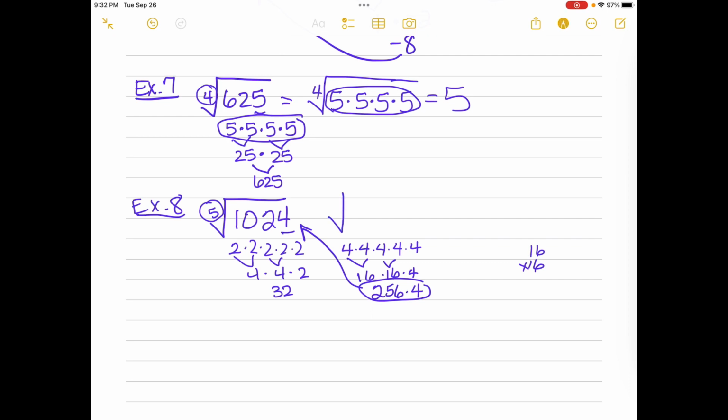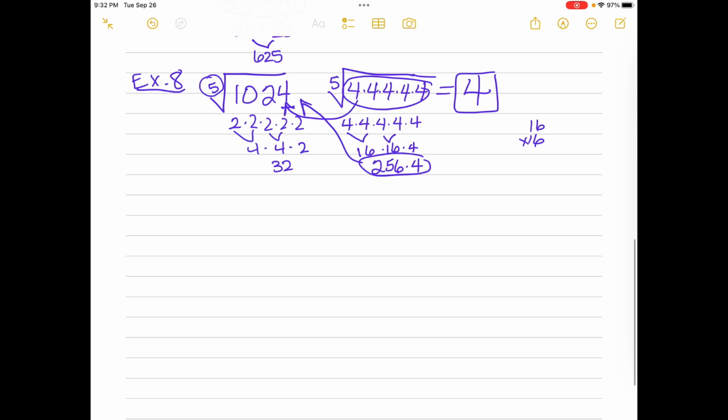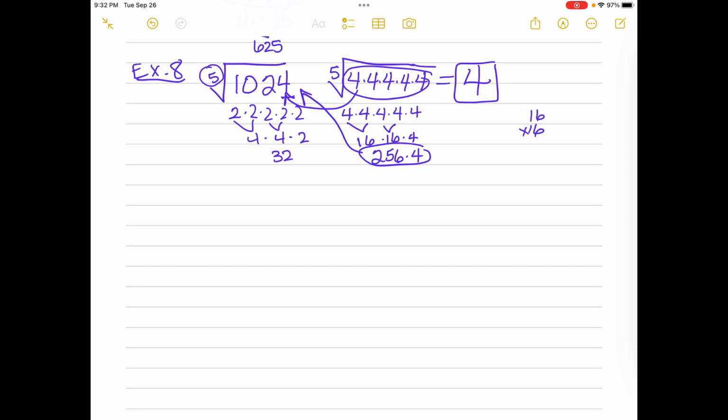So the fifth root of 4 times 4 times 4 times 4 times 4, all of which equals 1,024, is 4 because I have 5 4s.